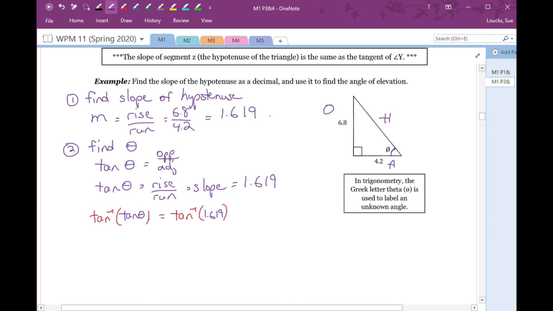So over here, this is just theta, and this is tan to the minus 1 of 1.619. I just wrote out that in full because that's how I do it when I'm teaching it. You wouldn't probably write this line out once you've learned it and then remembered it, because you might be rusty on this, depends how long ago you did all of this. Anyway, we use our calculator, we use the inverse tan button, and we get theta equals 58 degrees.